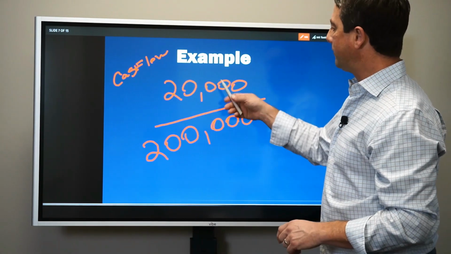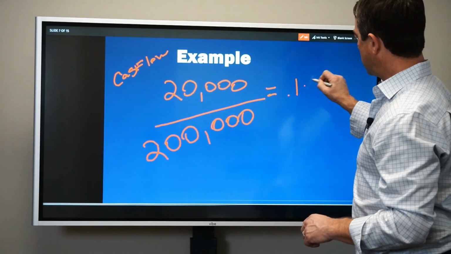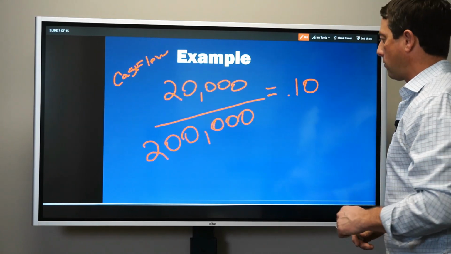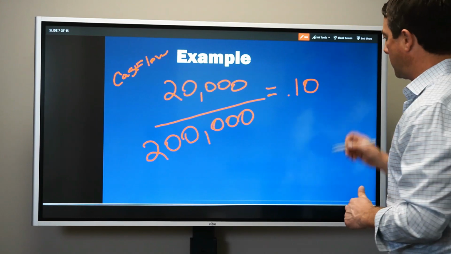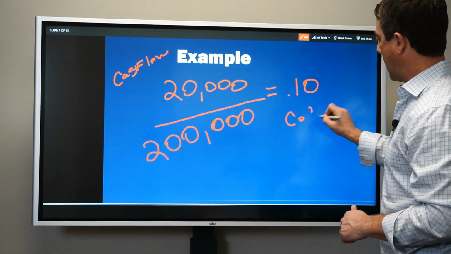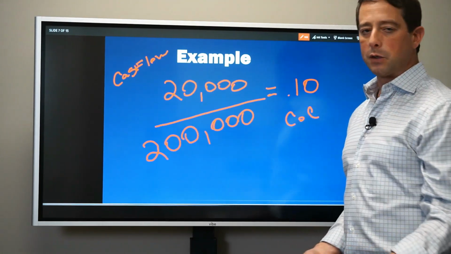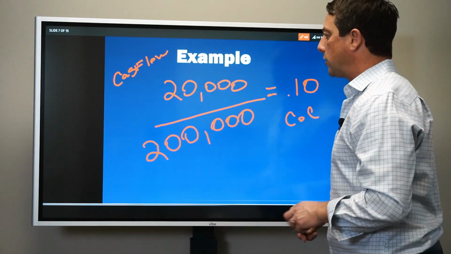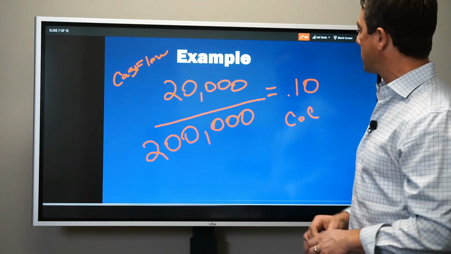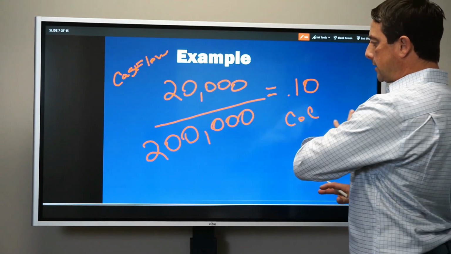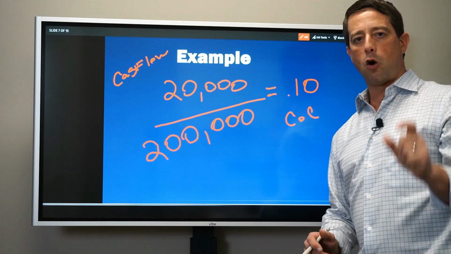So that would give us a 0.10 number there, right? So that's going to show a 10% cash on cash return. And that would be cash on cash. So in this particular example, if we bought the property for $1 million, we put down $200,000 and it cash flows 20 grand a year, we're getting a 10% return on this $200,000. Now, keep in mind, this example here is a cash flow calculation only.